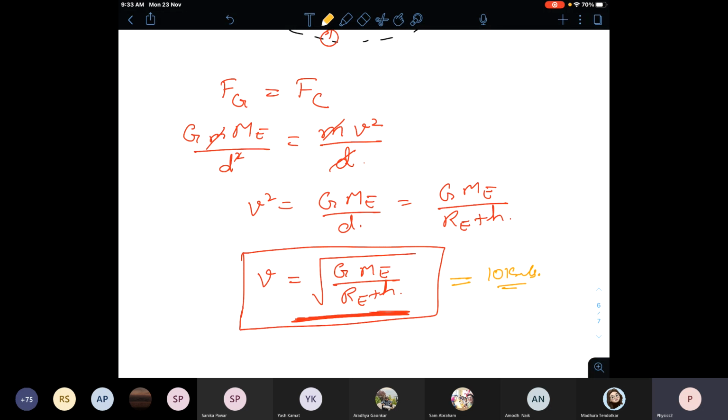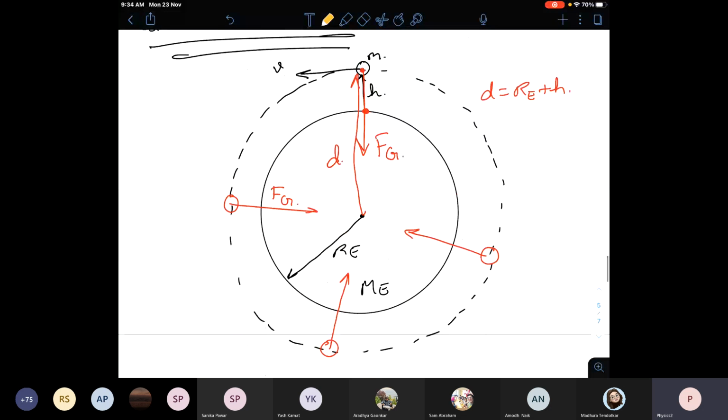It can be anything, it can be 9 meters per second also. If the satellite wants to remain in this orbit, its velocity should be exactly equal to 10 kilometers per second.